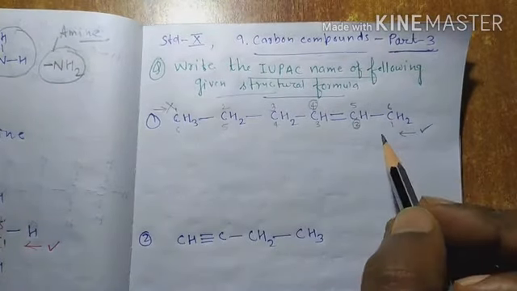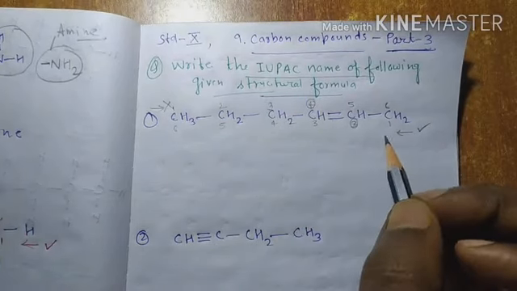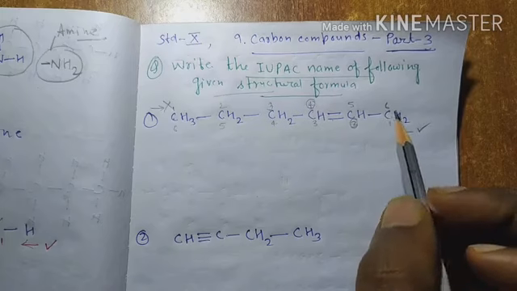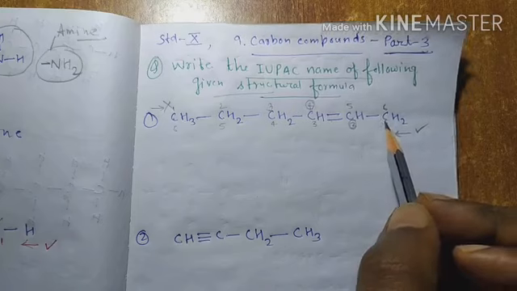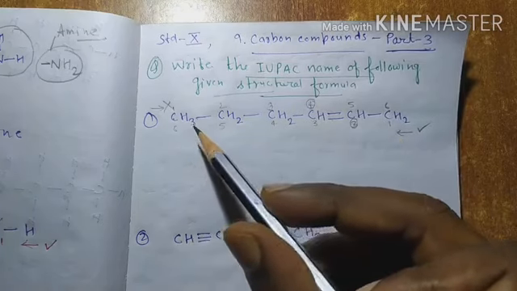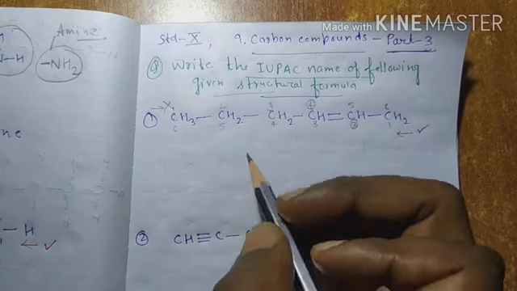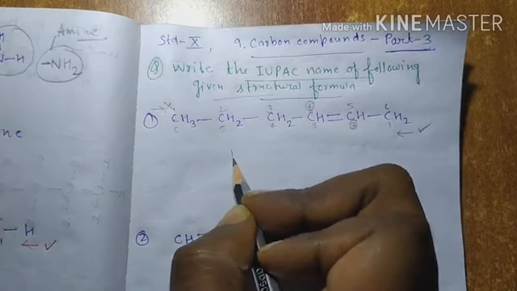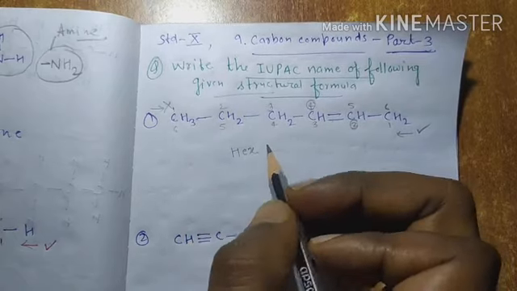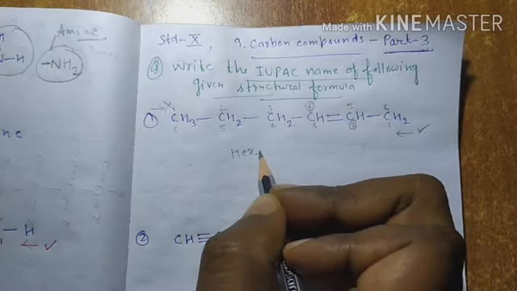So now you have to write the IUPAC name. Okay, so how will I write? See how many carbon atoms are here? 1, 2, 3, 4, 5, 6 carbon atoms are here. For 6 carbon atoms we use the root word hex, H-E-X, hex, then we will put a dash here.